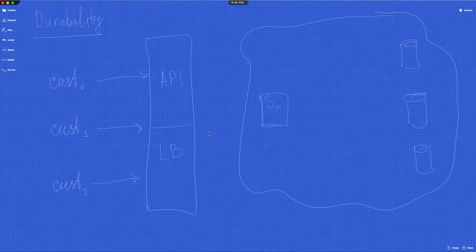What's happening in this scenario? Imagine that we have a chain of services, a chain of operations. Here it would be service 1 and service 2, and they're not parallel.